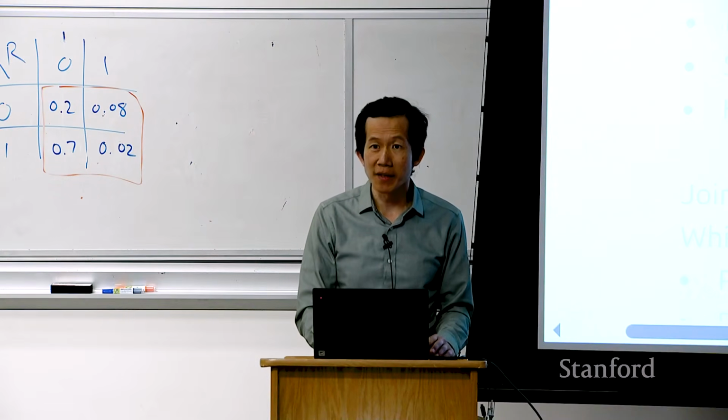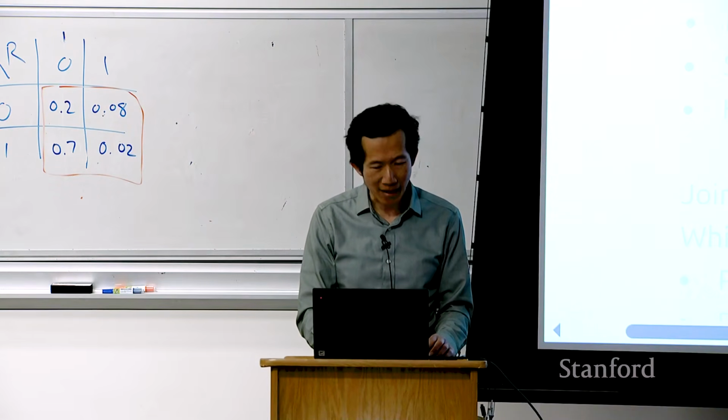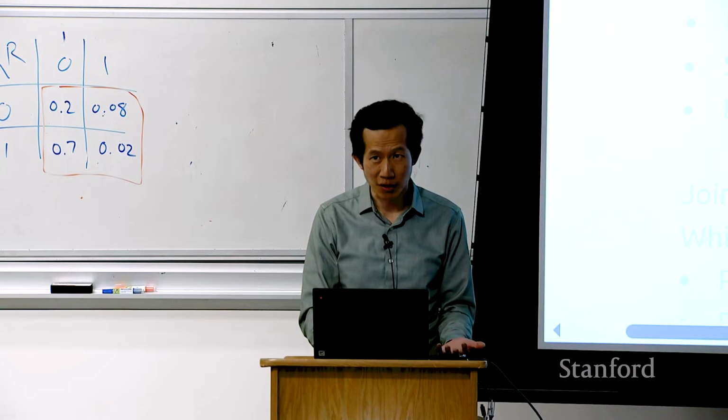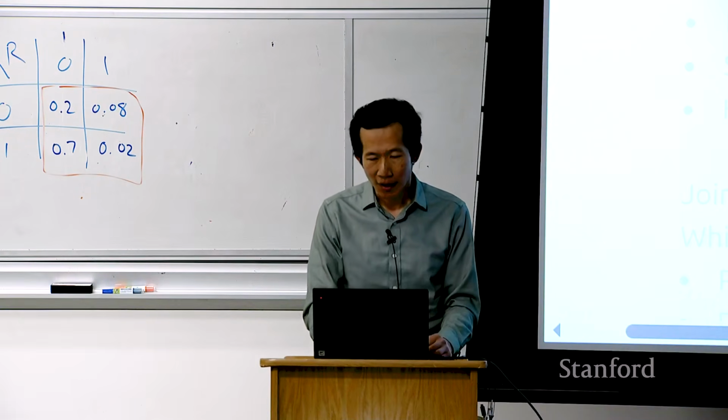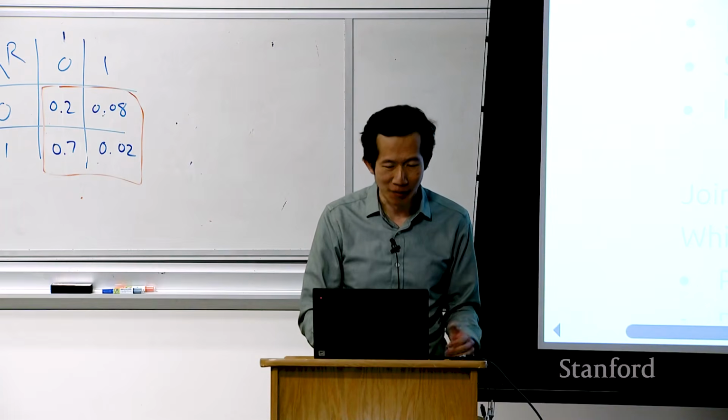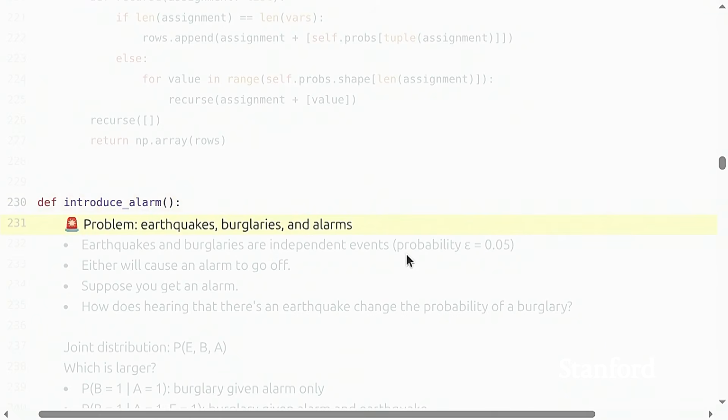So I'm going to start with an example, and let's try to solve it using a Bayesian network. Later, I'm going to define formally what a Bayesian network is, but by that time, hopefully you'll already understand through examples. So this is a problem of earthquakes, burglaries, and alarms.